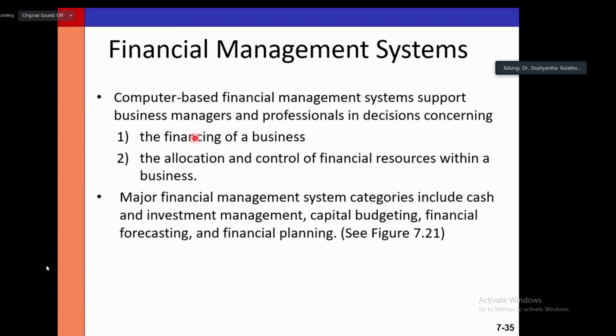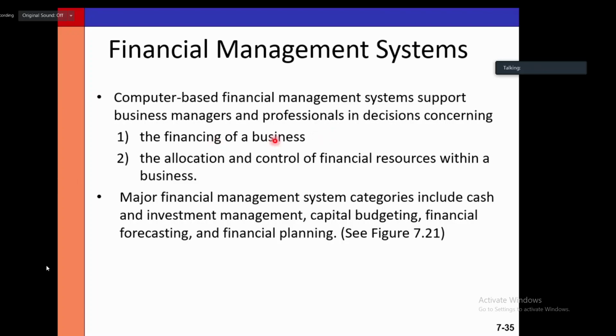Now, the financing is basically related to making a decision on whether to allocate funds or money for a particular thing, like purchasing new machinery, establishing a new plant, or replacing existing machinery.